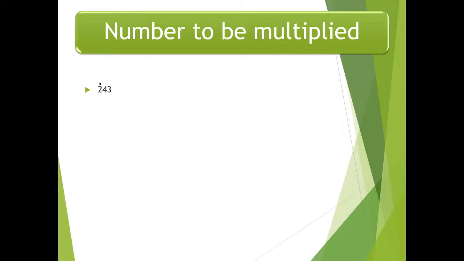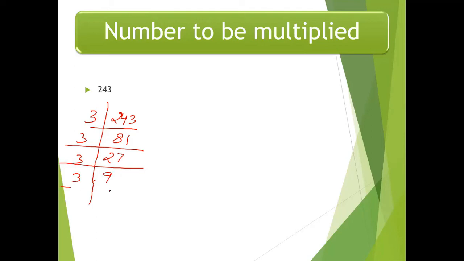For example, we have 243. We have done its prime factorization. It is 81, again 3, 27, again 3, 9, again 3, and 1. So here we have 3, 5 times. Okay. Now it's not a perfect cube because we are having only one group of 3, that is appearing 3 times.